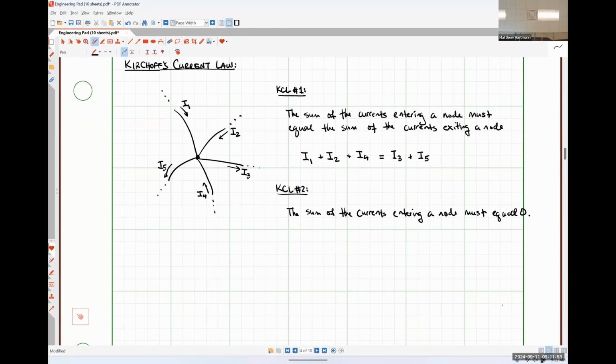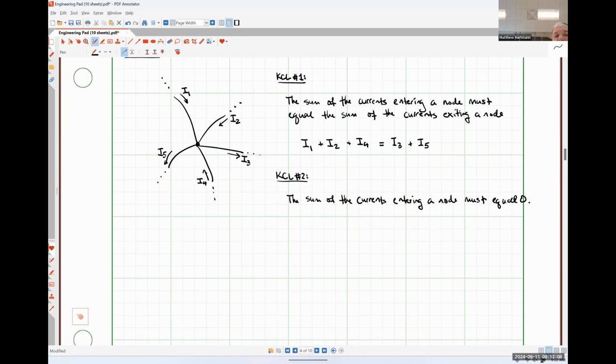Okay. So I want to be clear about what I don't mean here. I don't mean I1 plus I2 plus I4 is equal to 0. Instead, we'll go through current by current.